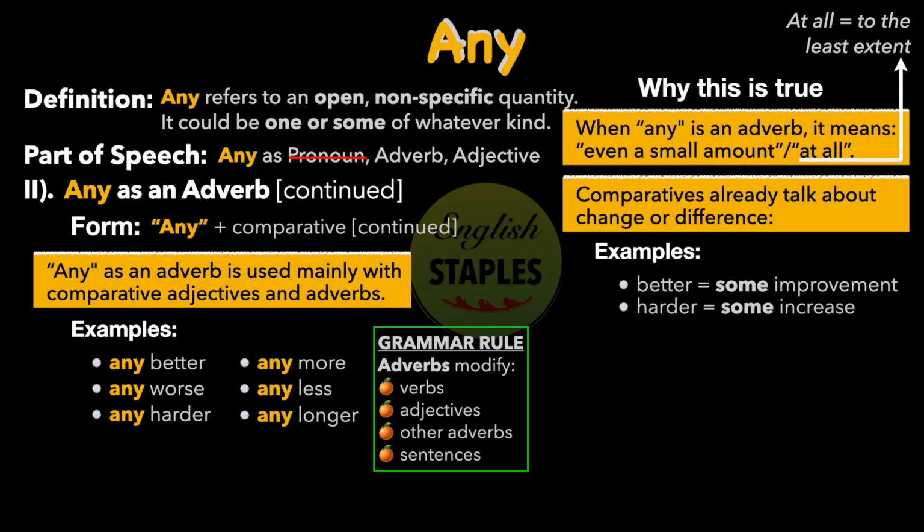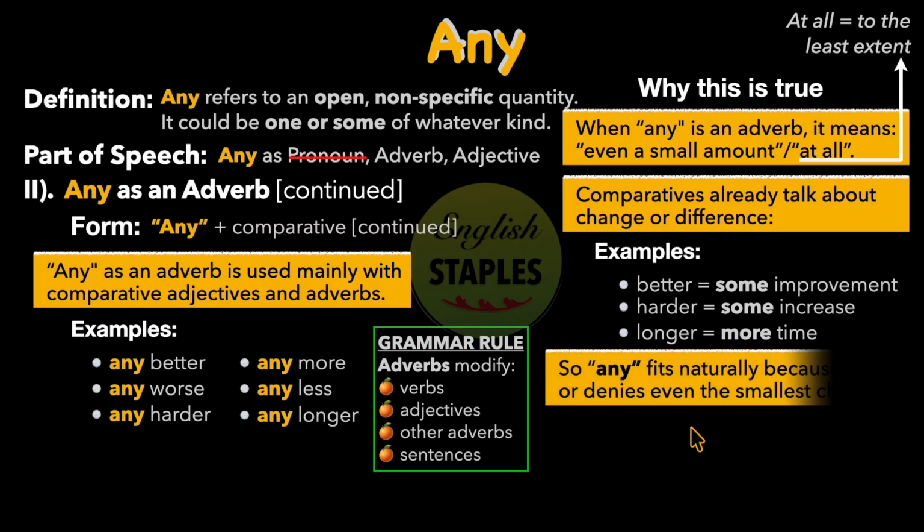Harder, there is some increase, even if it's a little bit more effort. Do you see this? Longer, more time. You might work half an hour more. There is a change or there's a difference in time. So you can see any working alongside comparatives, how well they really work together.